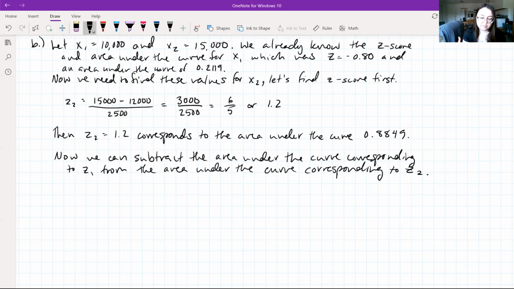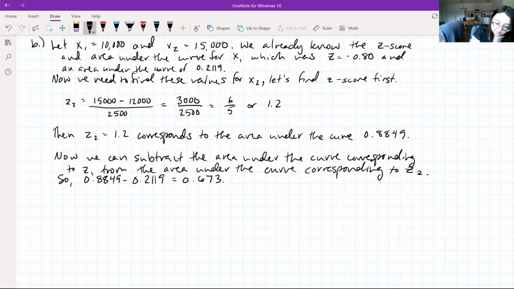This is going to give us a value of 0.8849 minus 0.2119, which is going to be equal to 0.673.